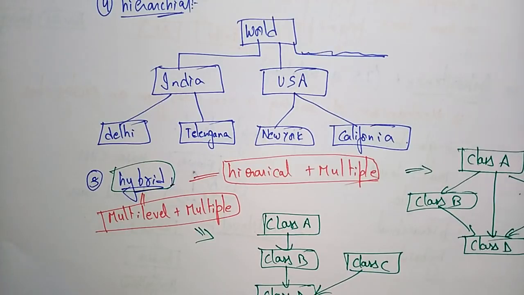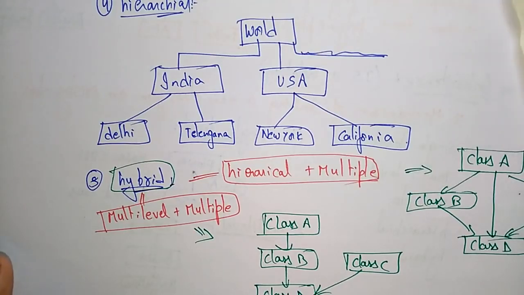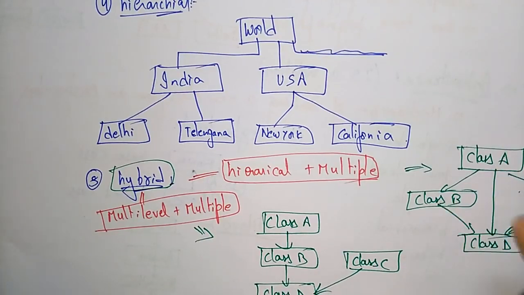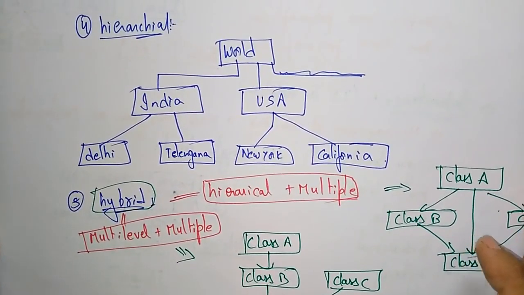Okay, so these are the different types of inheritance that are used while you are writing a program.